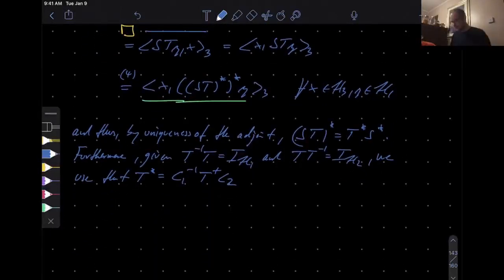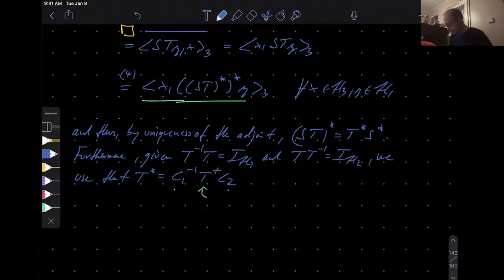So if T is invertible, then one of the exercises showed that the dual transformation is invertible, and C1 and C2 are already invertible. So that means that the adjoint, as a composition of invertible linear transformations, is invertible. Okay, so that we get for free since we know something about the dual transformation. And the invertibility of those C's comes from Riesz representation.